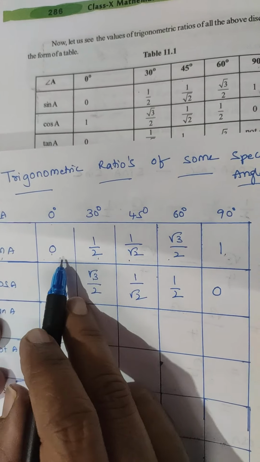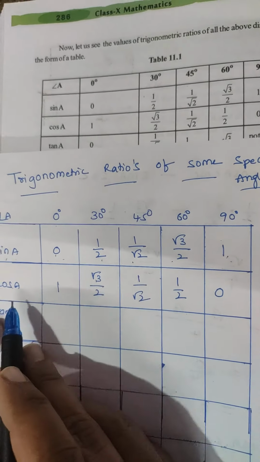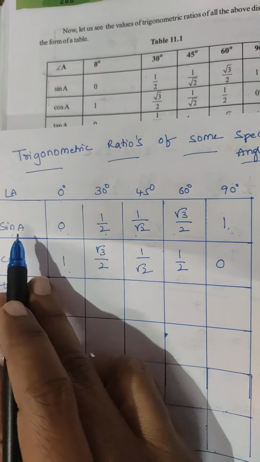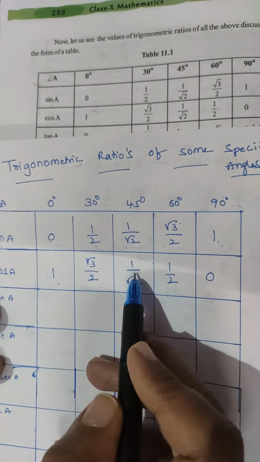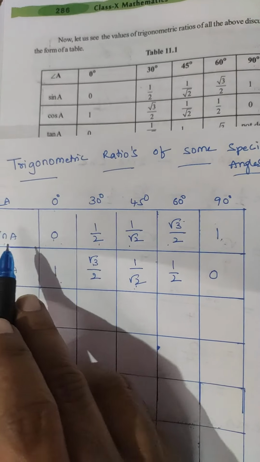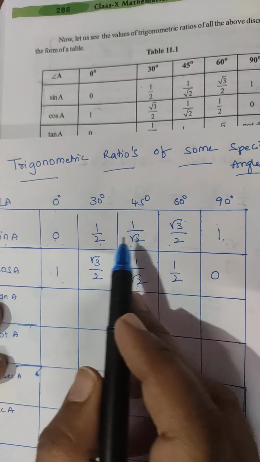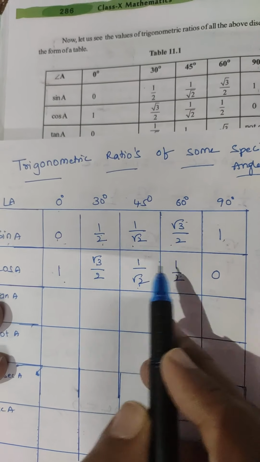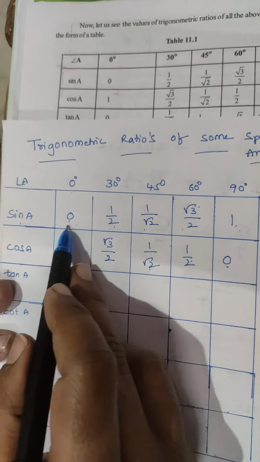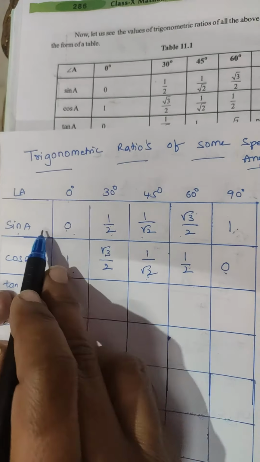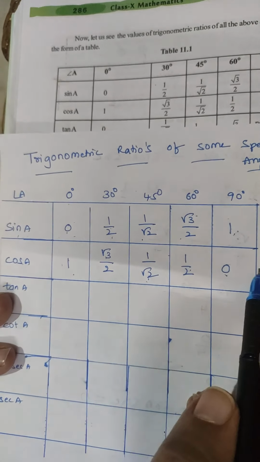You may have understood now. Sin 90 is cos 0. Sin 60 is cos 30. Sin 45 and cos 45 are the same. And sin 30 is cos 60. Sin 0 is cos 90. So if you learn the first row, you can write the second row.